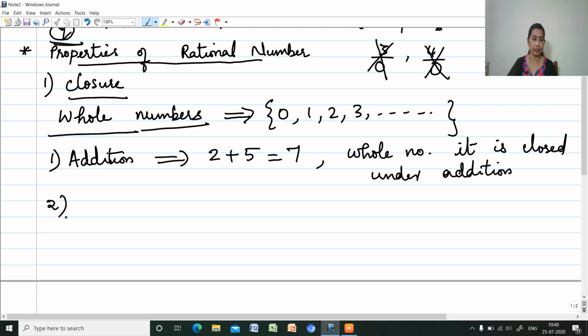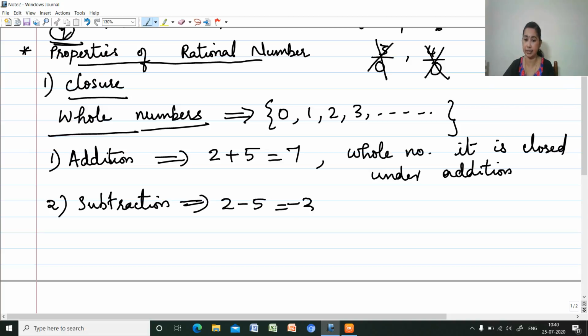Second, we are going to check subtraction. In the case of subtraction, if I'm subtracting two whole numbers, the same whole numbers 2 and 5, I'm getting minus 3. Minus 3 is not in the set of whole numbers, which is only 0, 1, 2, 3, etc. Negative numbers are not in the set of whole numbers.